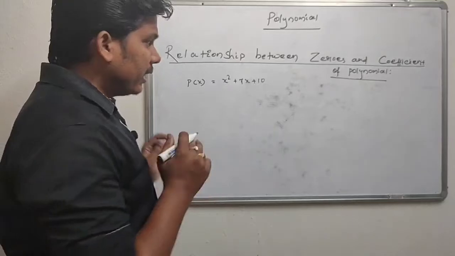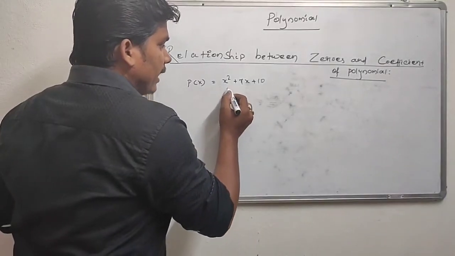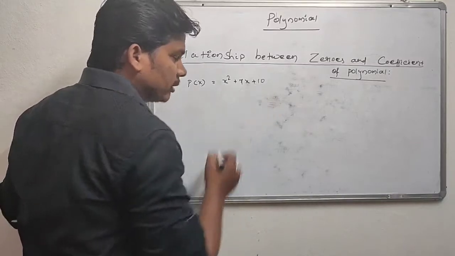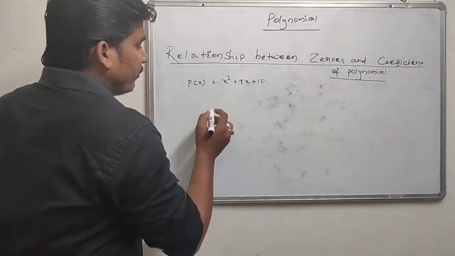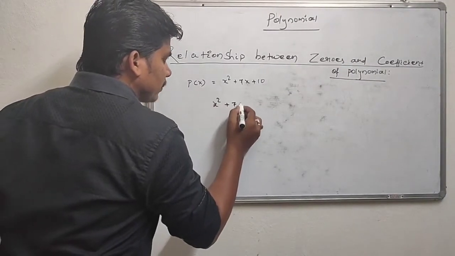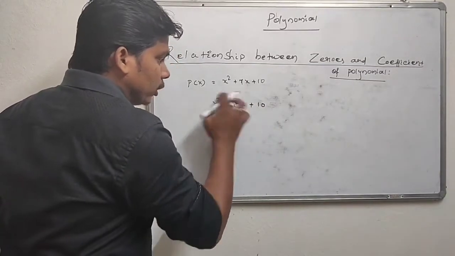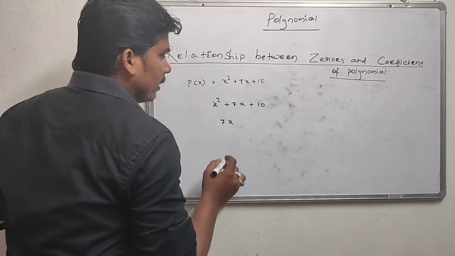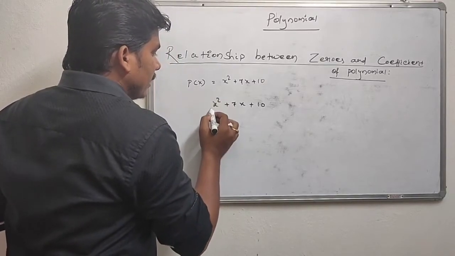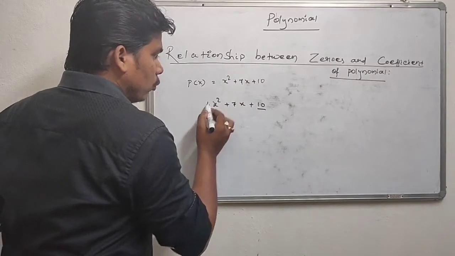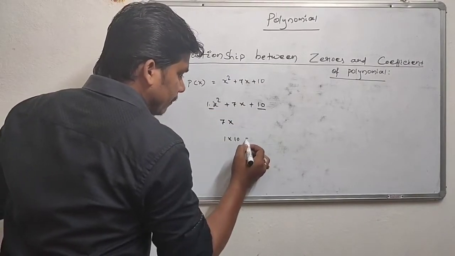First of all, understand that in class 9 we did how to find the factors of this polynomial. See what we did for x square plus 7x plus 10. We split the middle term, that is 7x, based on these two coefficients. Here the coefficient 1 into 10 will be 10.